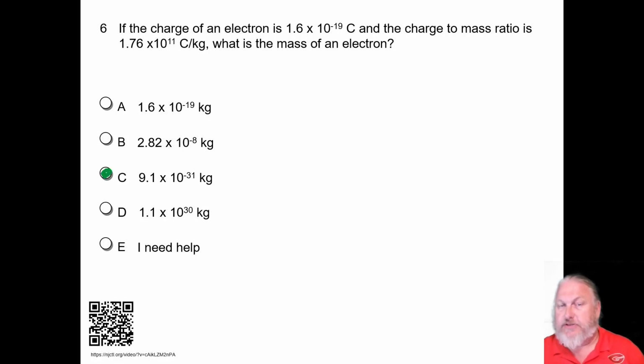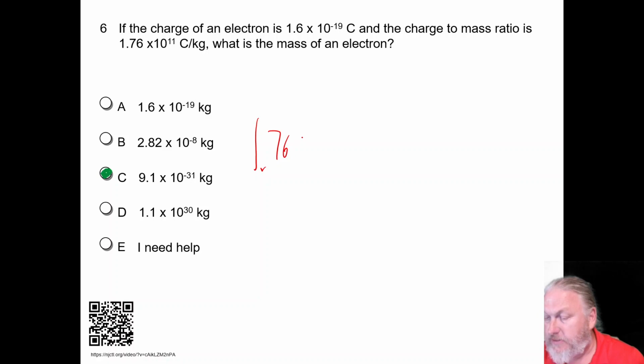So the correct answer is 9.1 times 10 to the minus 31 kilograms. Get my little pen out. Okay, so the charge is 1.76 times 10 to the 11th coulombs per 1 kilogram, right?